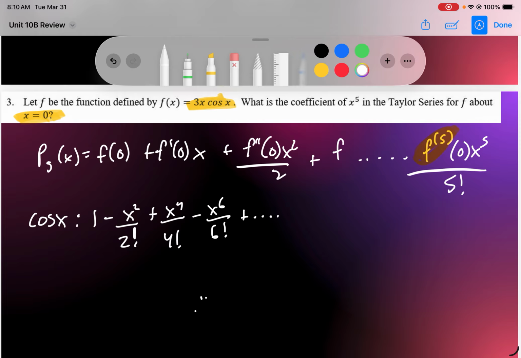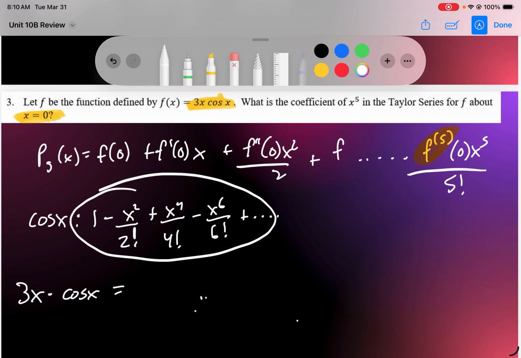And I'm like, okay, that's kind of scary, but I still have to multiply this by 3x. So f of x is equal to cosine of x, which is what we got, times 3x. So 3x times cosine of x, which just means multiply all these terms by 3x, and I would distribute it.